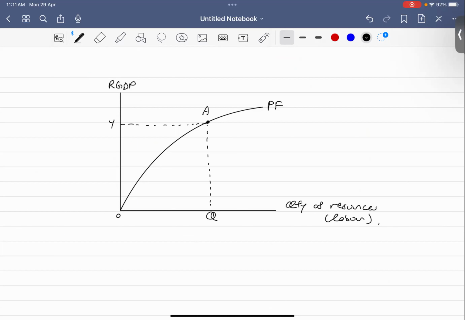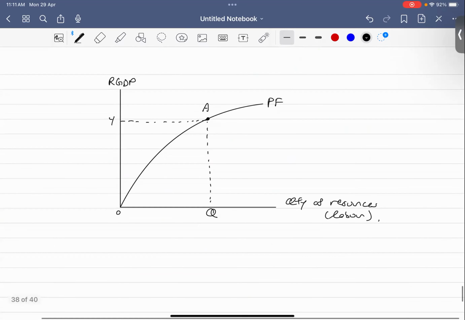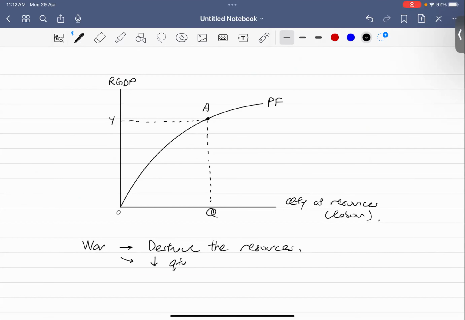Okay, so there is a war in the country. War in the country destroys the resources. It will reduce the quantity and the quality of all your factors. So that means later on your graph will have the shift and also the movement.